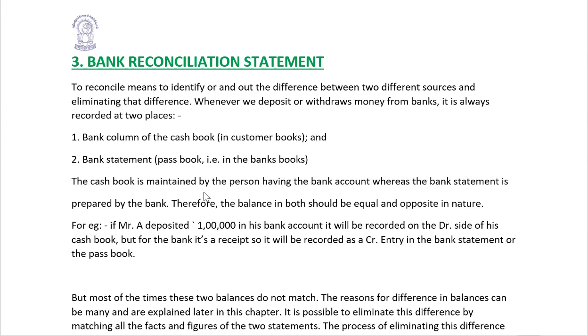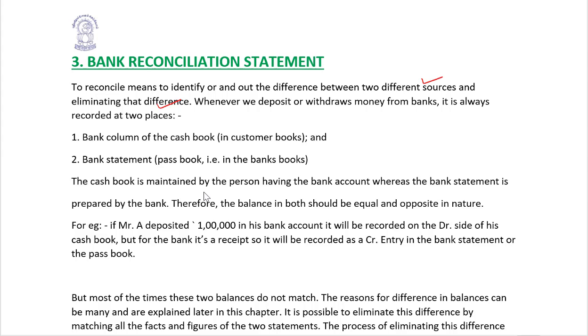To identify the difference between the two different sources and combine that difference. That means to identify the reasons why these differences in the cash book and in the passbook have taken place. And after that, we'll try to rectify the differences.